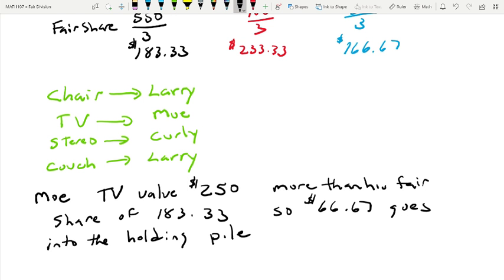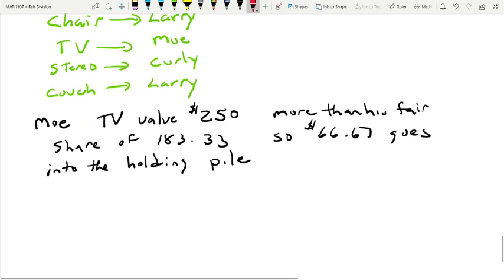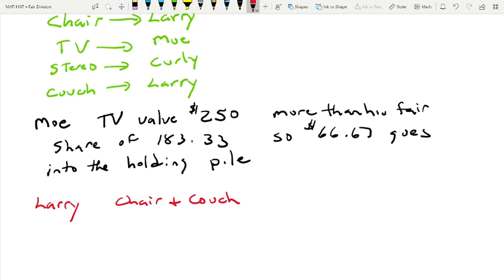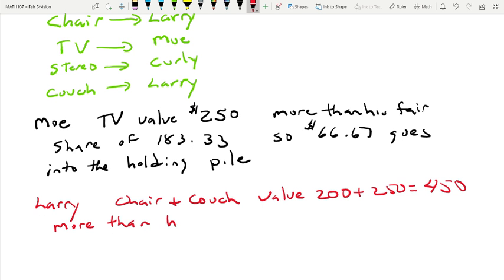The next one was Larry. We said Larry gets the chair and the couch. The value to him would be the 200 plus the 250, so that comes out to $450, which again is more than his fair share.